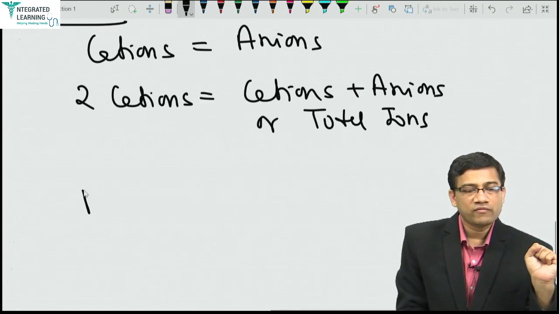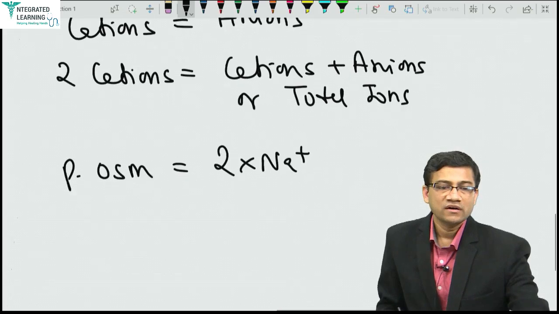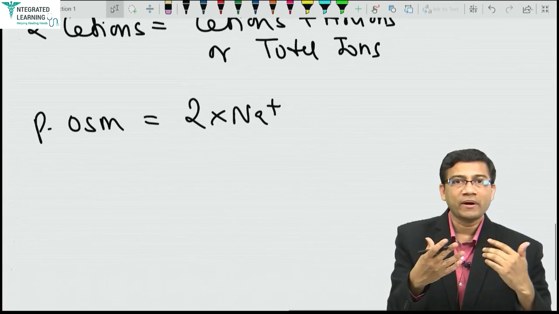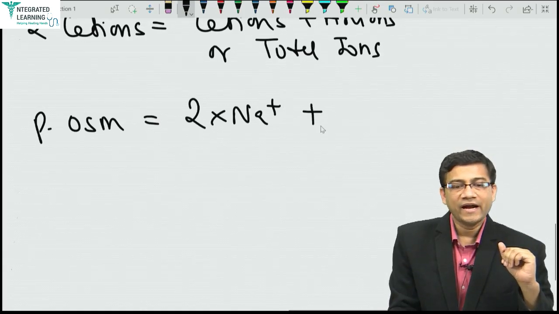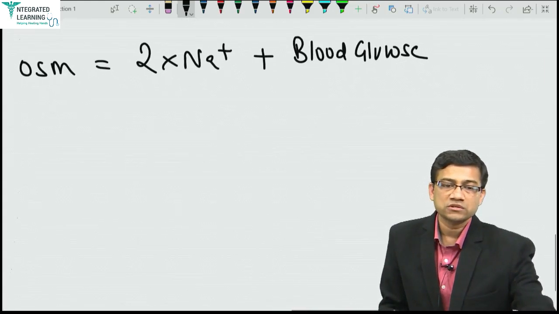So let's see the formula for plasma osmolarity. It is twice sodium. Why? Because if you calculate sodium, which is a very effective osmol, you can double it to get chloride and bicarb, etc. Then we add blood glucose. But one issue: if blood glucose is already in millimoles, no problem.